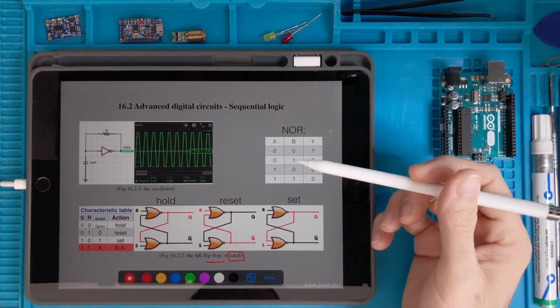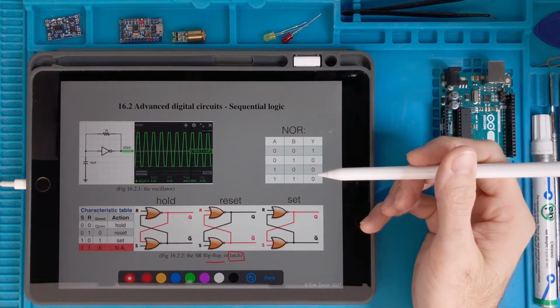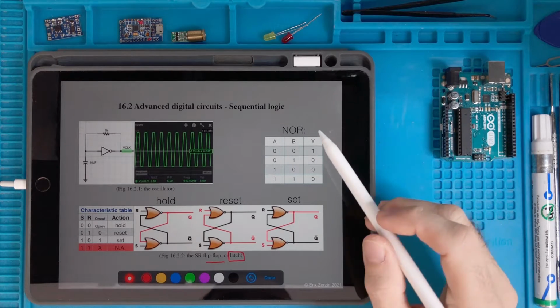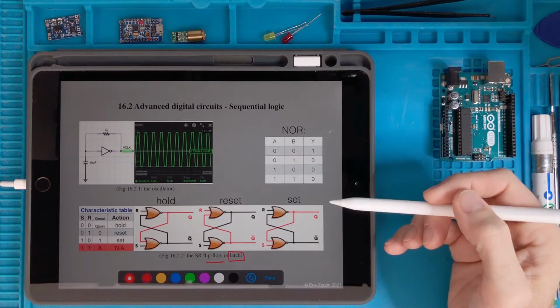So first, let's summarize here the behavior of a NOR gate. The NOR gate is the negation of an OR gate.